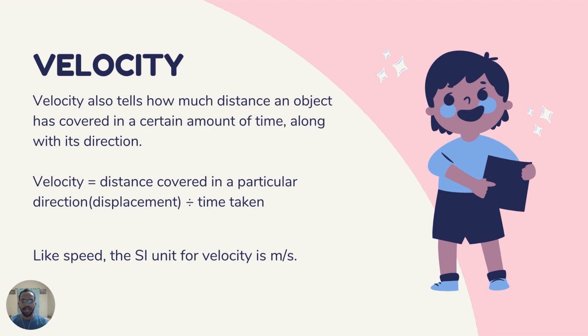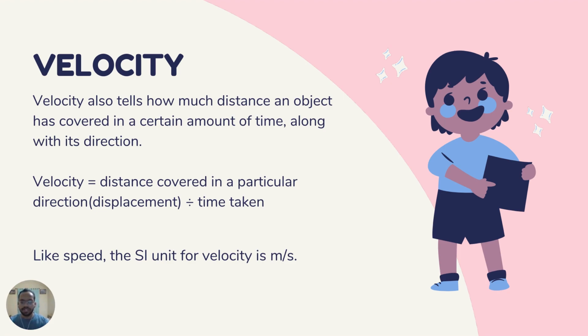Generally, if the direction is right, then it is positive, and if it is left, then it is negative. More like the number line. When we go right on the number line, the value becomes positive, and when we go left on the number line, the value becomes negative.